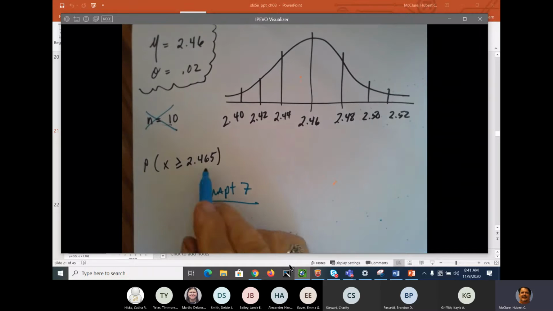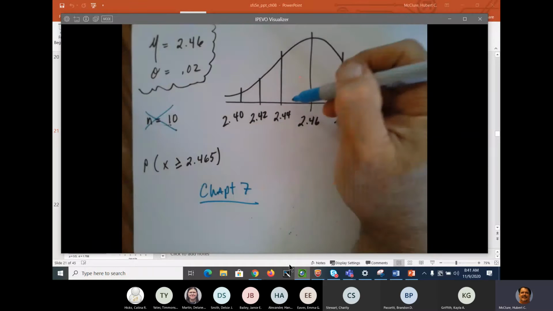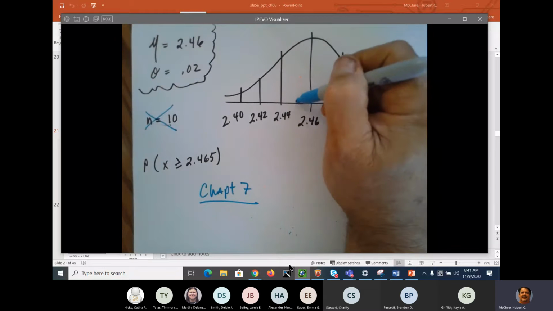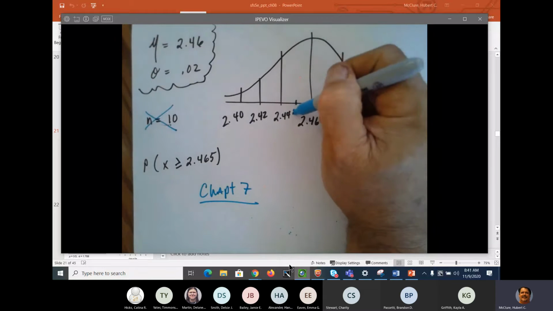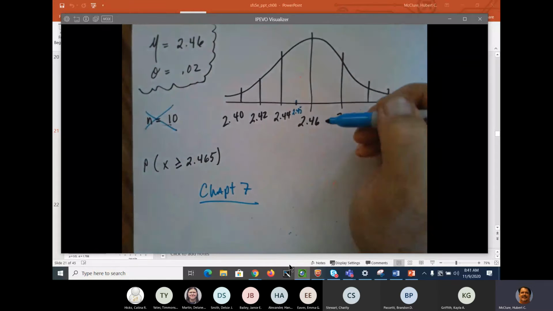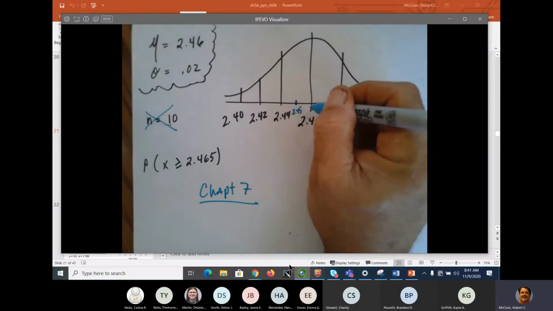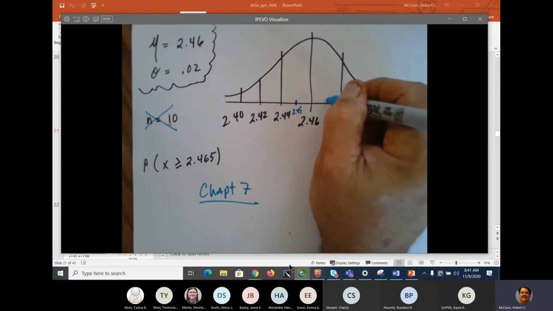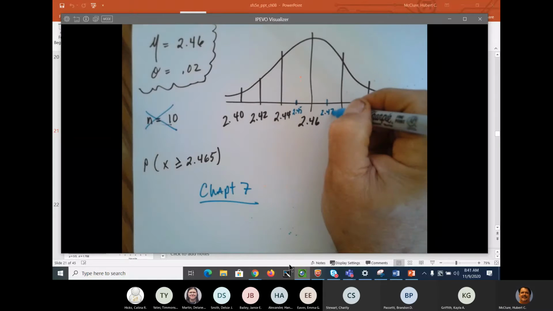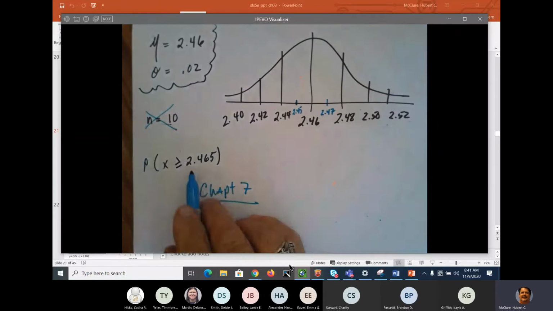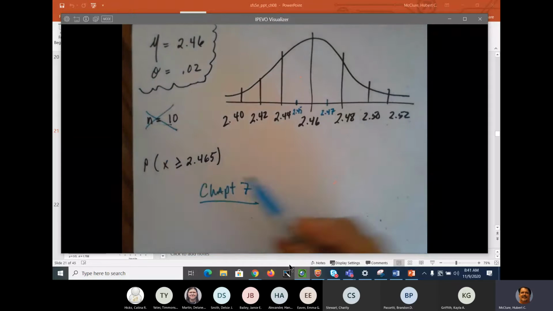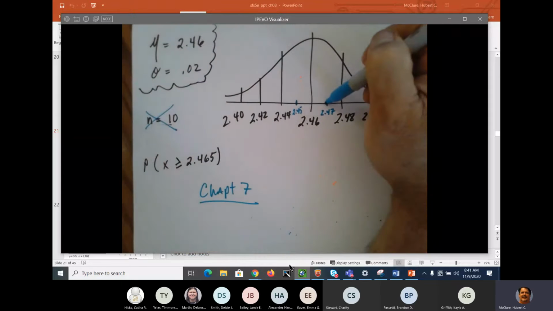Well, between here and here, halfway between is 2.45. And we know that 2.46 is right here, and that would be 2.47. So 2.465 is almost 2.47. So it'd be right next to it.